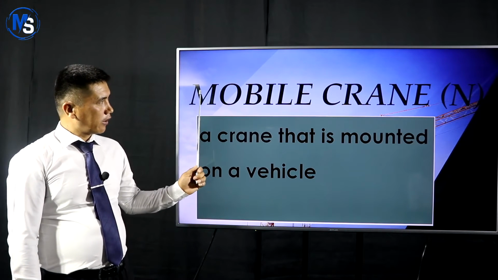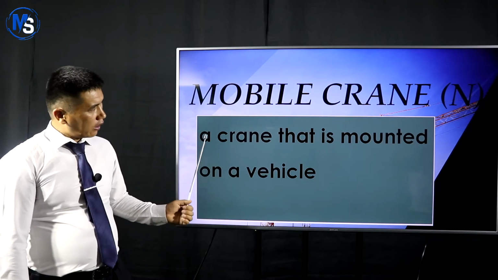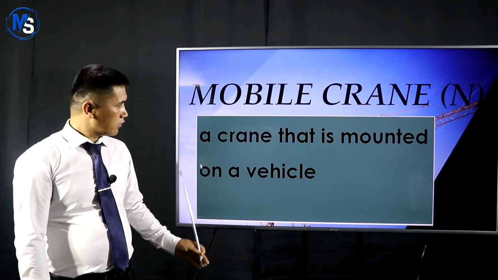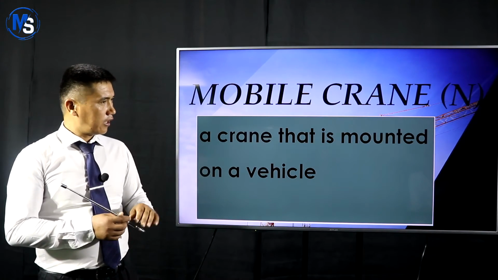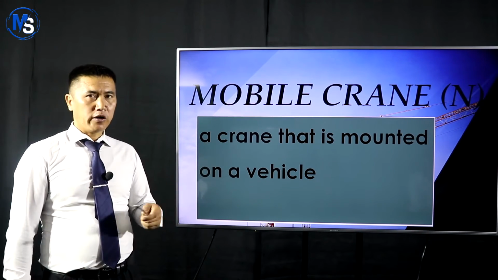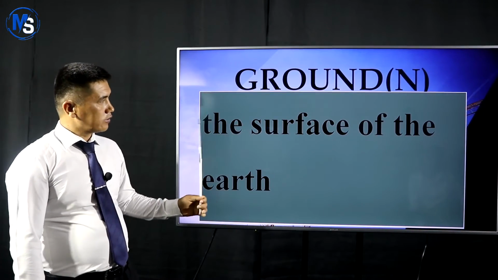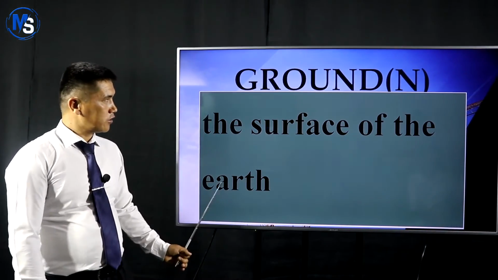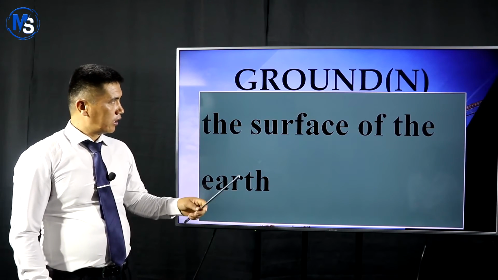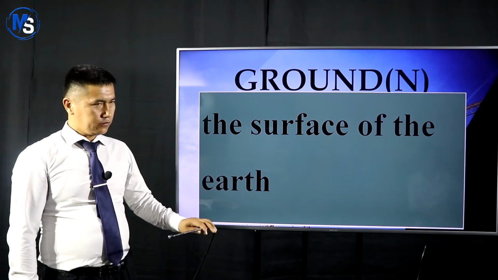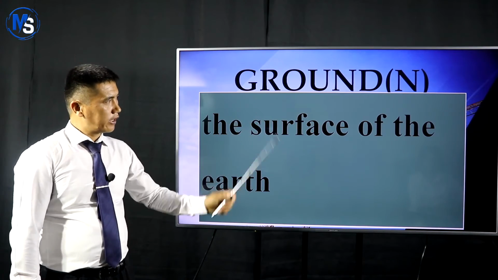Mobile crane. A mobile crane is a very useful and more modern crane. This is a crane that is mounted on a vehicle or big trucks, where the crane is operated for the construction industry. Ground: the surface of the earth, where the crane, boom and other instruments are fixed, so this word is important for our lesson.